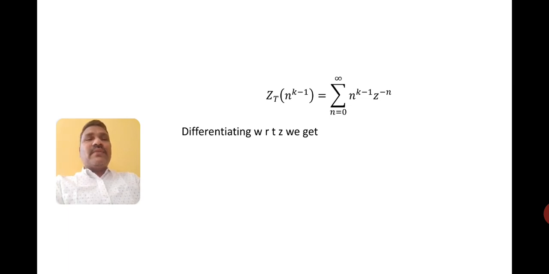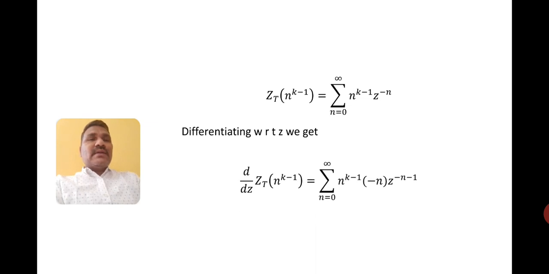So if you do the differentiation with respect to z, we get d by dz of the z transform of n to the power k minus 1 is equal to summation n runs from 0 to infinity, n to the power k minus 1, and differentiating with respect to z you will get minus n, z to the power minus n minus 1.